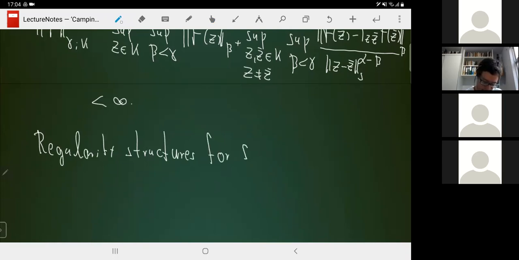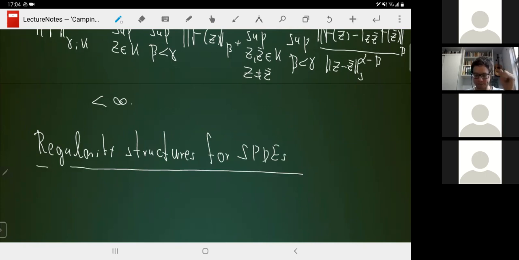And here I would like not to talk about KPZ, but about another example, for the simple reason that in the book of Hairer and Friz, you find the regularity structure for KPZ, and in the notes that I'm following, for another equation called phi 4 in dimension 3. But for the example I'm showing now, I'm not sure if there are any lecture notes building up the regularity structure.